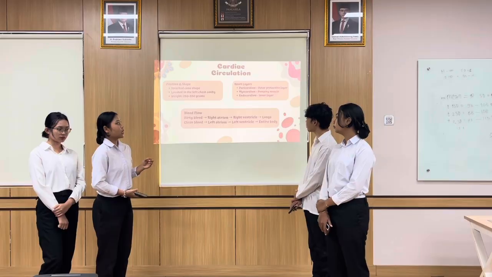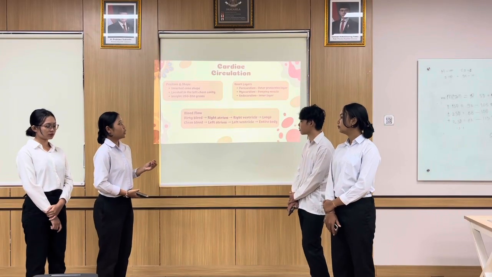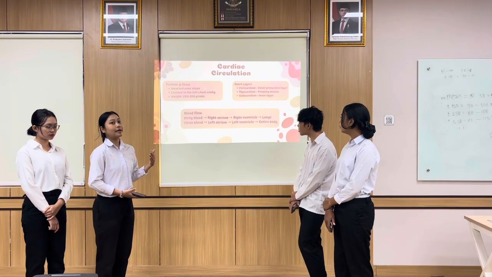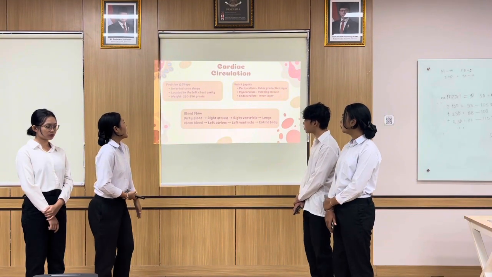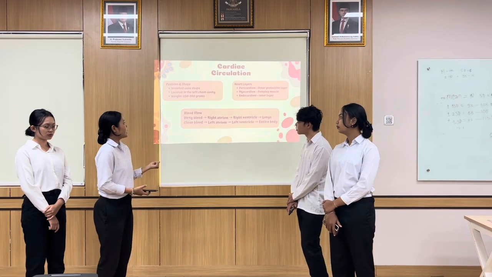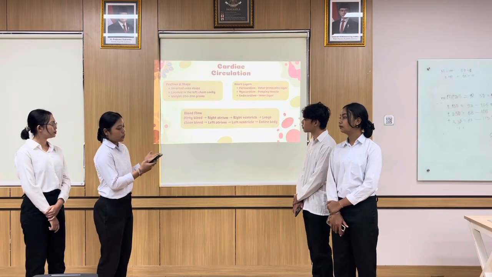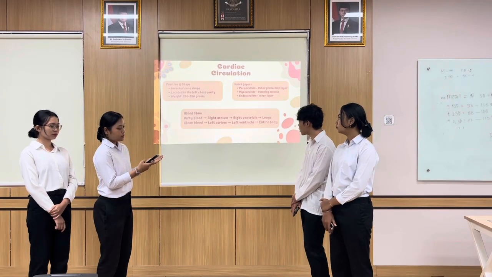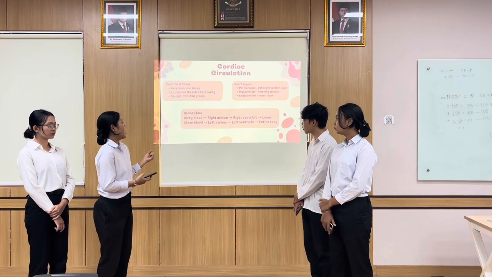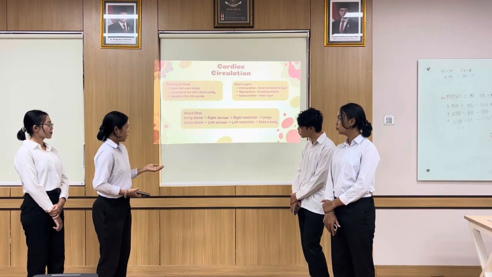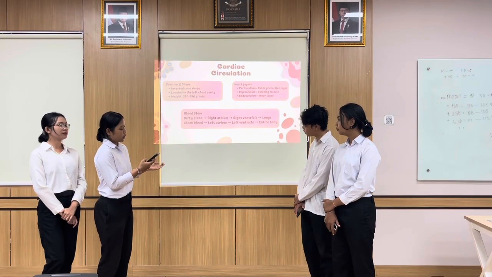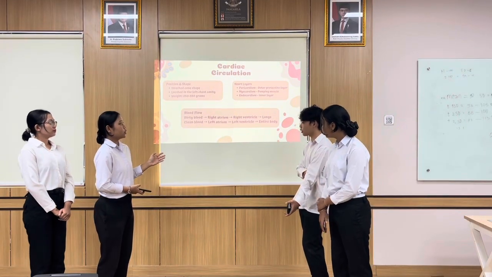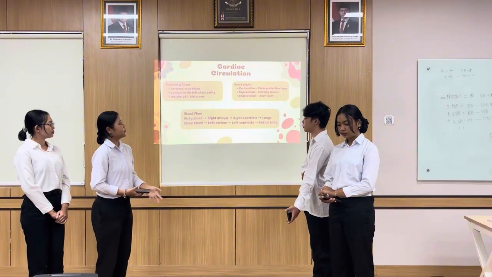Pericardium, the outer protective layer. Myocardium, the pumping muscle, and endocardium is the inner layer. Next is blood flow. First is dirty blood. Dirty blood flows to the right atrium, to the right ventricle, and then to the lungs. Second is clean blood. Clean blood goes to the left atrium, to the left ventricle, and then to the entire body.